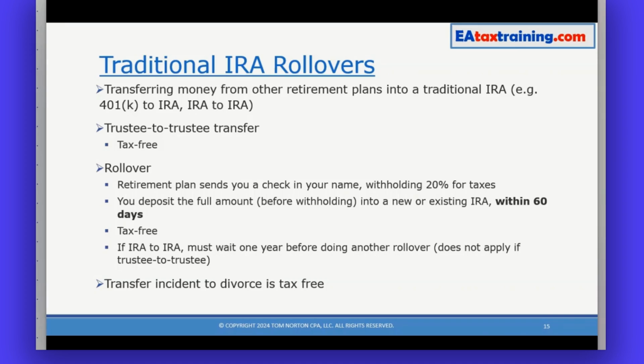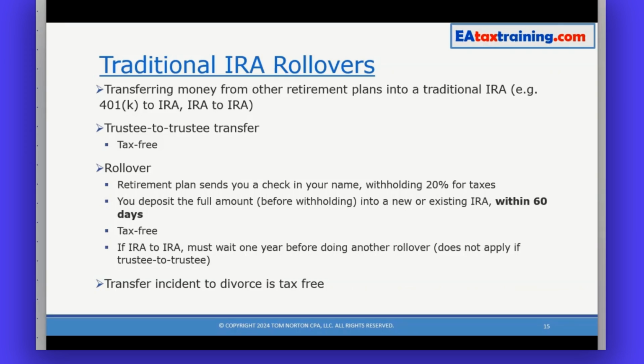However, when they do that, they must, by law, withhold 20% for federal income taxes. So let's say you've got $100,000 in a 401k plan and you're leaving and you want to roll it over into an IRA. They will send you a check for $80,000, which is $100,000 minus the 20% withholding for taxes.